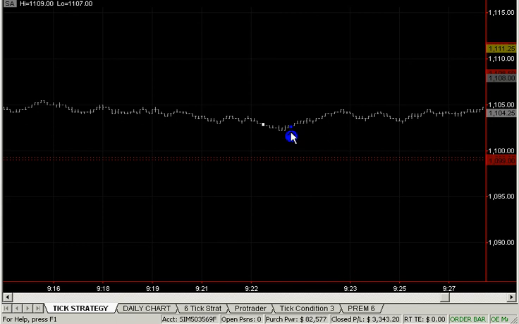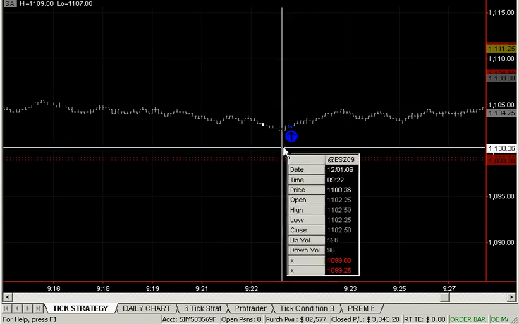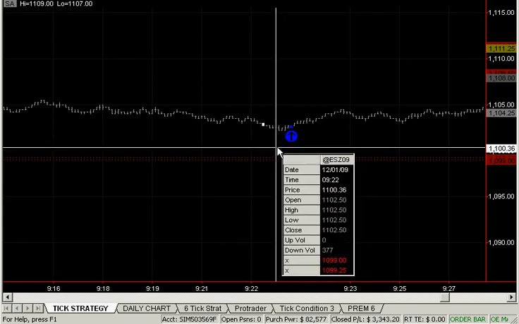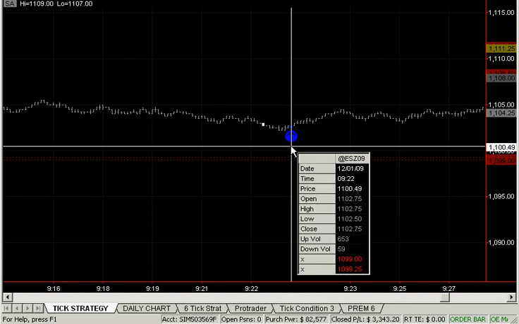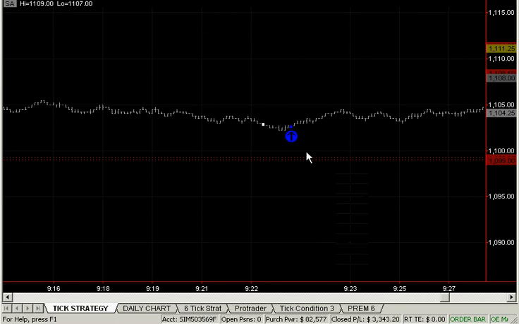That's our long trade. On this particular bar, the low being at 1102.25, the low here 1102.50. That bar is formed based on divergence that's taking place 1 tick above the low. That's pretty precise.